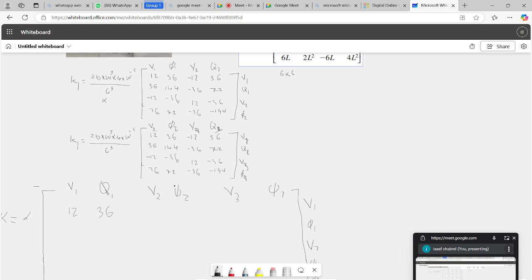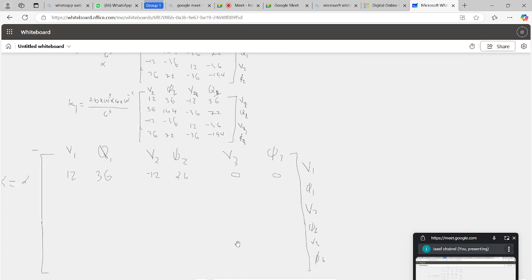V2 and V1, what's the value? Minus 12. Phi 2 and V1, what's the value? 36. Now, you don't have anything between V3 and V1, so this side should be 0, 0. That's the global stiffness.